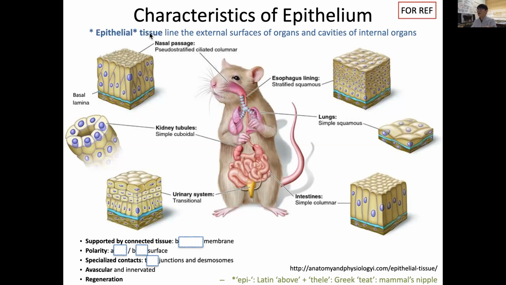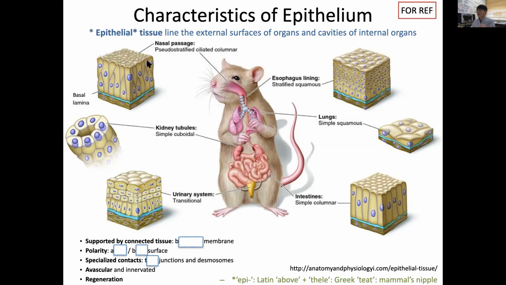Epithelial tissue lines the external surfaces of organs and the cavities of internal organs, including our gastrointestinal tract from mouth to anus. So let's take a look. Where is the epithelium and how does it look different? In the nasal passage, you can see this lining sitting on a thin layer, which is called the basal lamina.